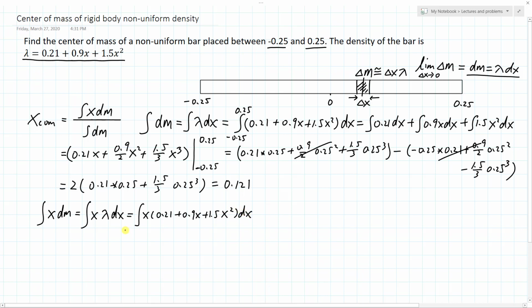The same limits, minus 0.25 to 0.25. And we're separating them into three separate integrals, just like what we did before.